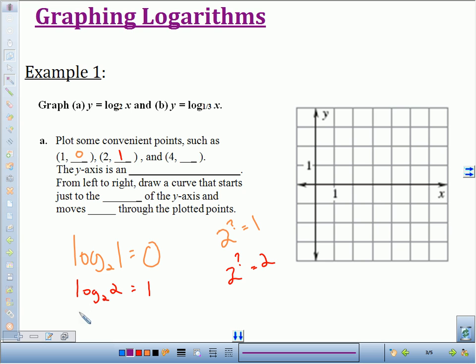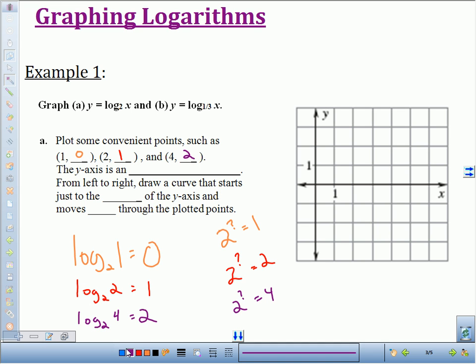We'll do one last one here. If I have log base 2 of 4, again I'm asking myself, what power do I raise the number 2 to get 4? And that is 2. So when x is 4, y is 2.